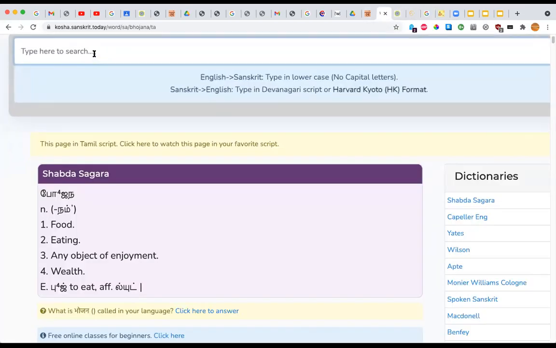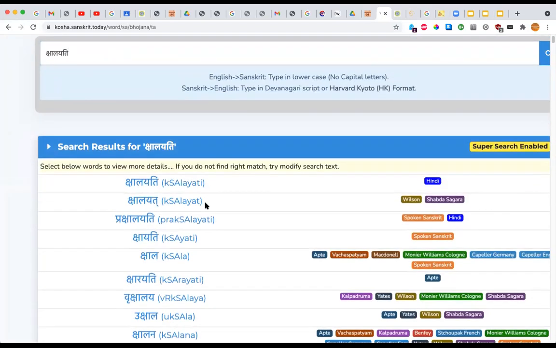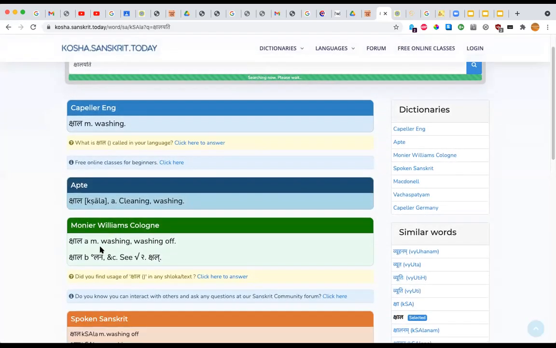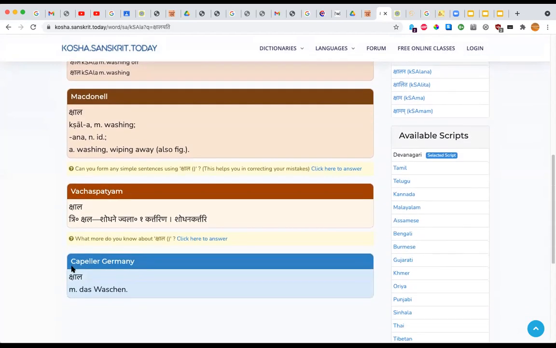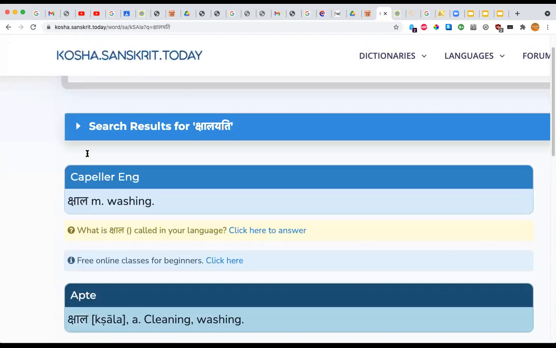Yeah, everything is not that straightforward. That was one of the reasons for giving this as a homework. Kshal, atra asti. Artham pashyamaha. Washing, cleaning, so that is good. Kshal iti dhatu asti.